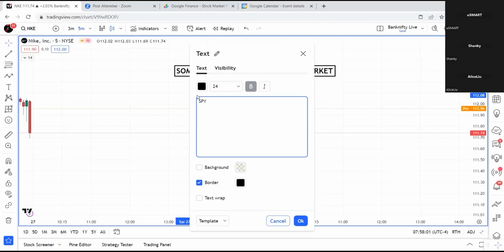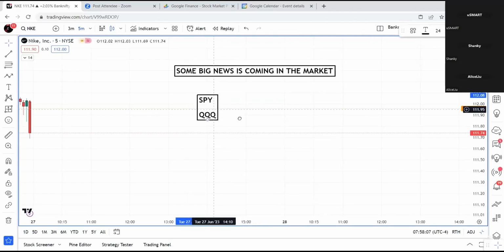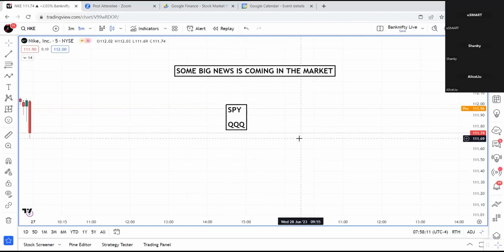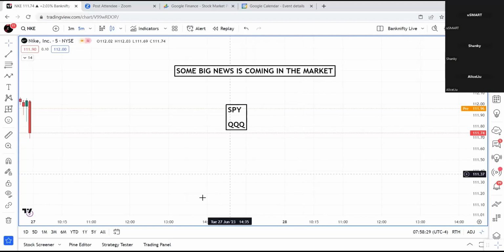SPY and triple Q. So in stocks, always remember, the expiry is weekly, and in index like this small ETF and all, SPY, triple Q, the expiry is every day. So go with the weekly expiry. Like Monday, if you know that some news is coming, better go with Friday's expiry. That will be easy for you.